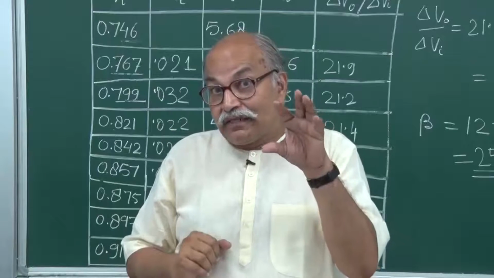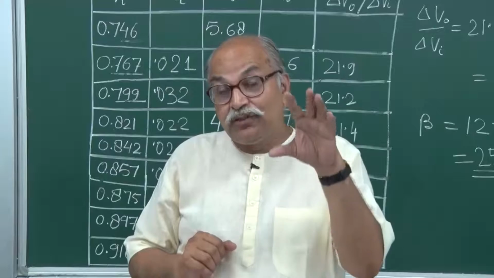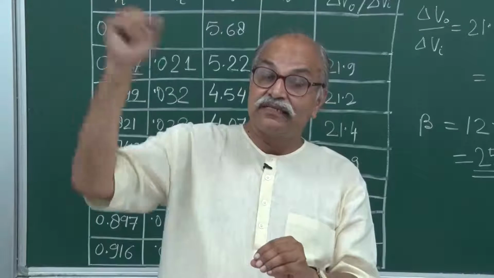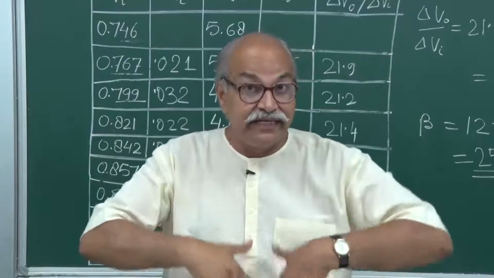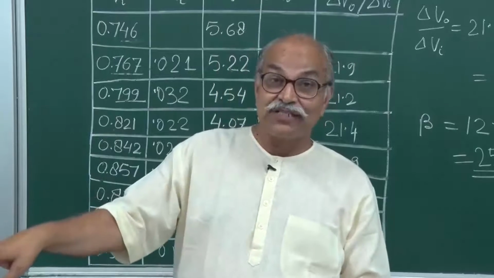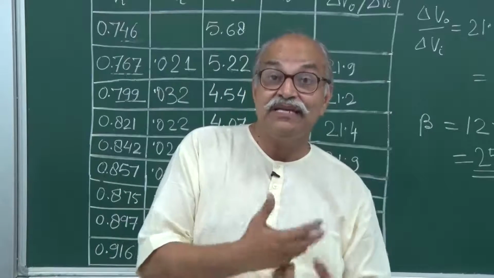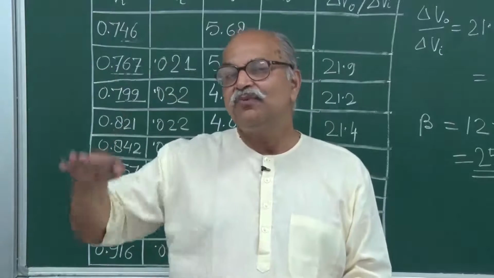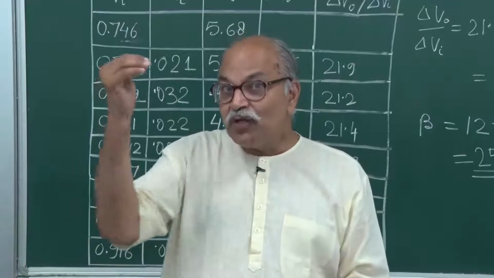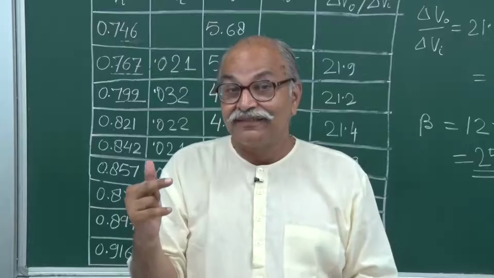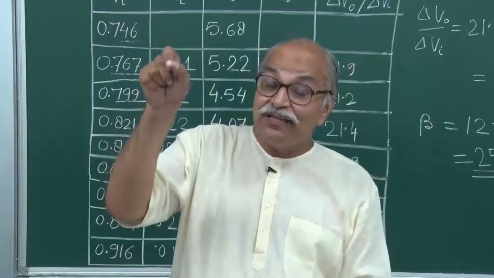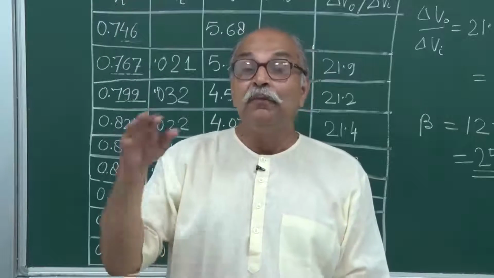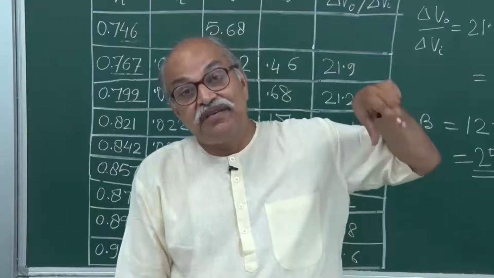So decrease this VBB to a small value, and you have a large output there, and then increase this so that it goes in saturation. So increase this current IB, increase that VBB, and what you have is a very small output voltage. So that output voltage can be switched from a high value VO, which can be VCC, to a very small value by controlling this VBB here.